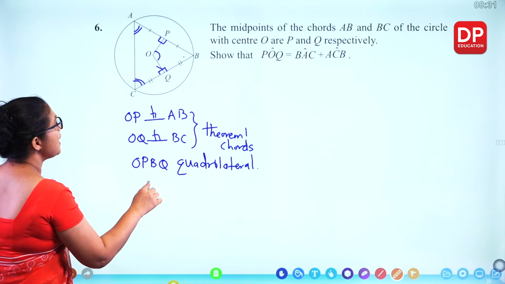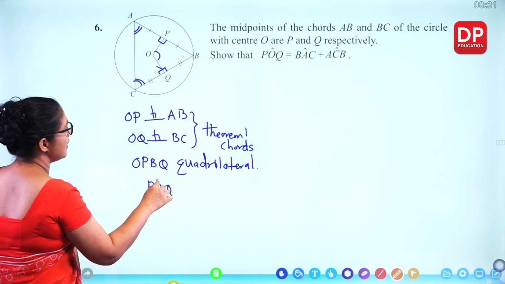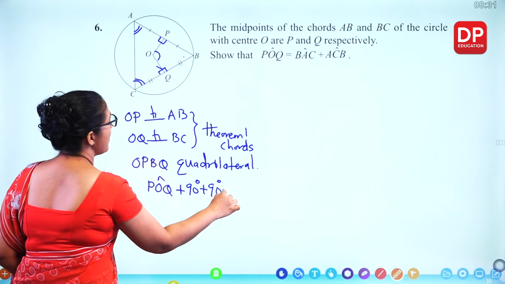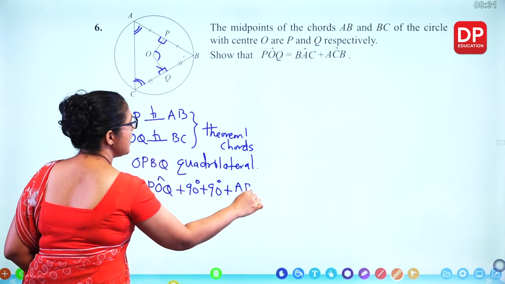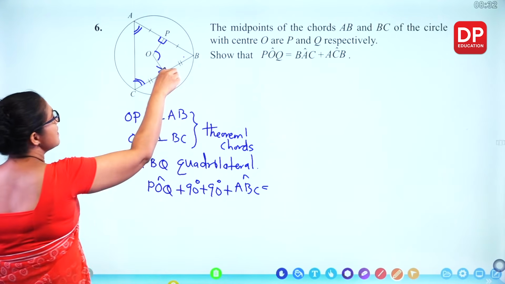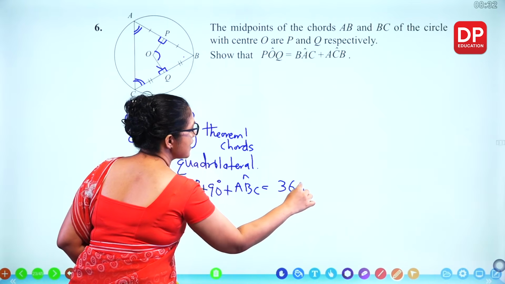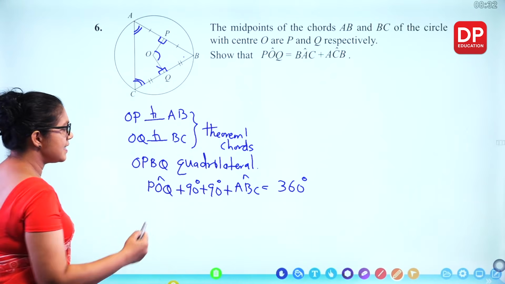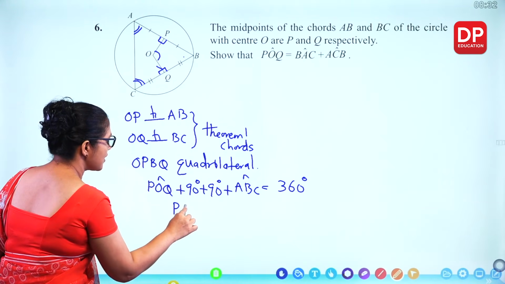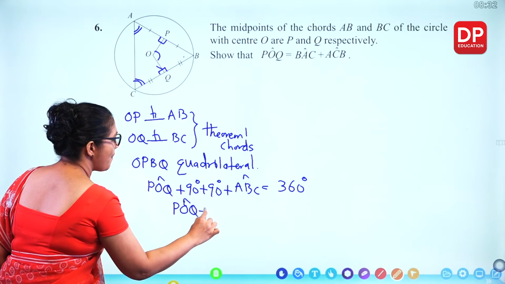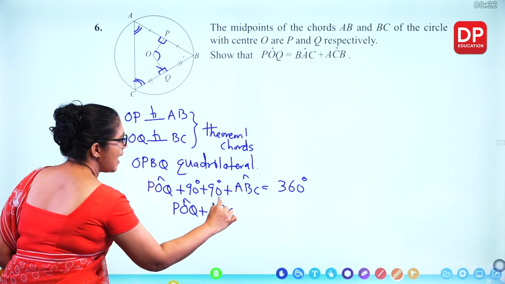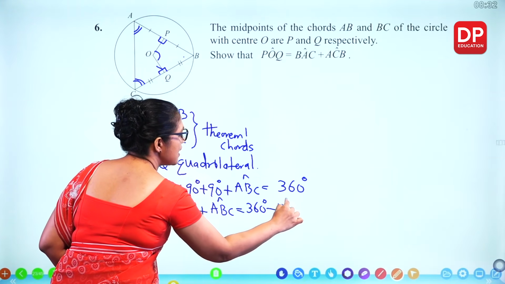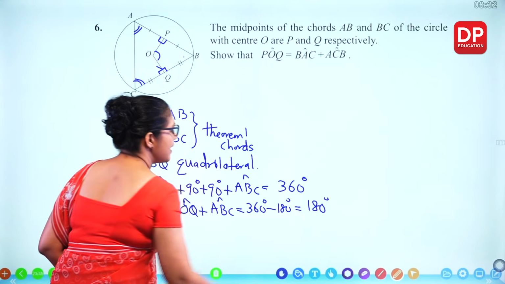So POQ angle plus 90 plus 90 plus ABC angle is equal to 360. When you take 90 and 90 it becomes 180, and taking it to the other side, POQ plus ABC angle is 360 minus 180, which is equal to 180.